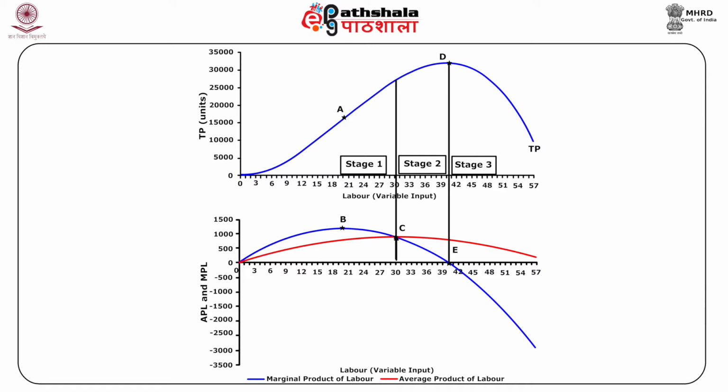Beyond 20 units of labor, the additional output obtained diminishes as 1 more unit of labor is employed. That is, the law of diminishing marginal returns starts operating in stage 1 after point B on the MPL curve corresponding to 20 units of labor employed.